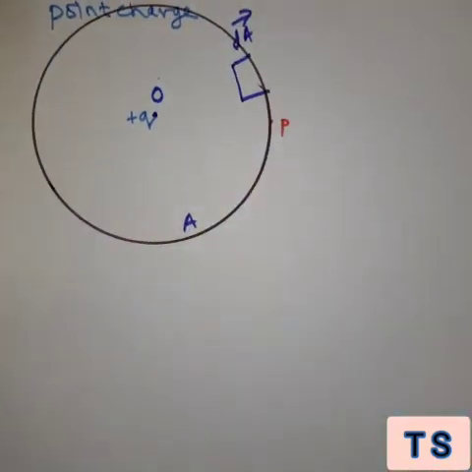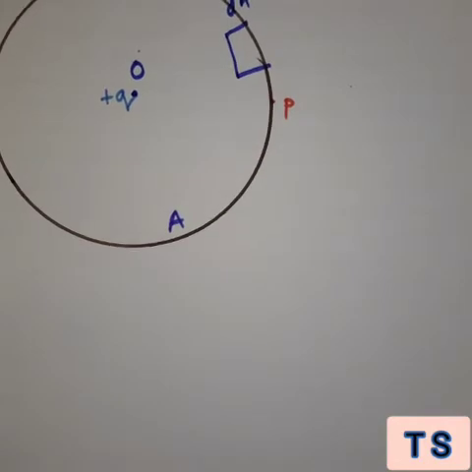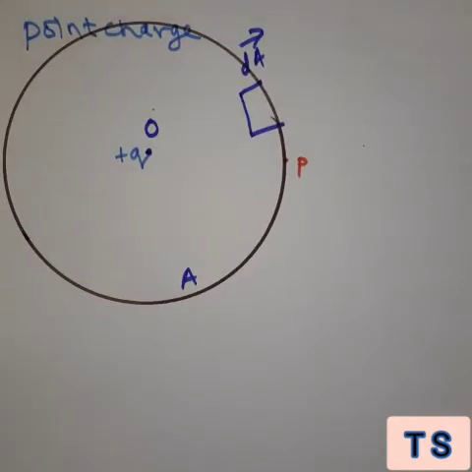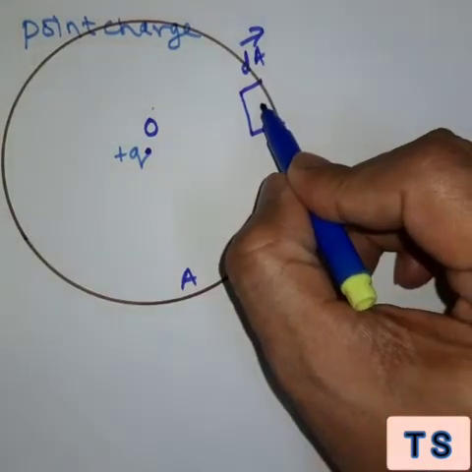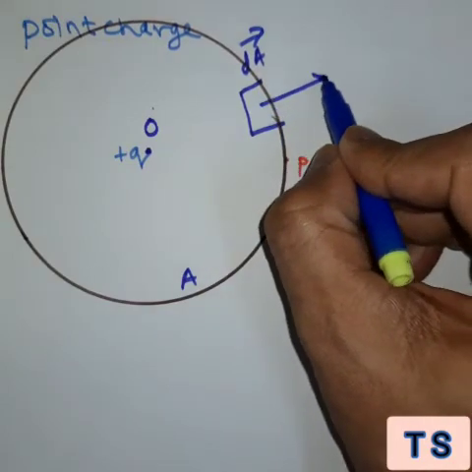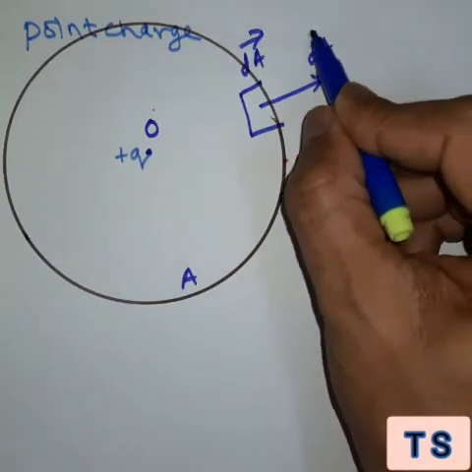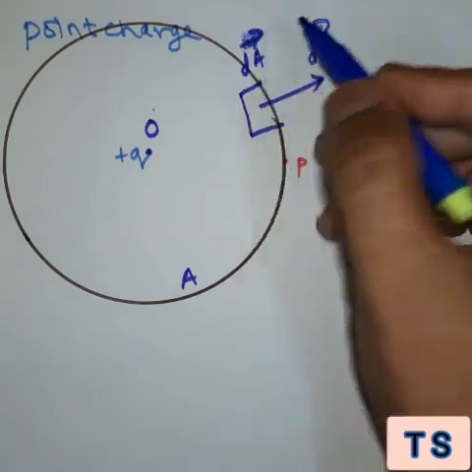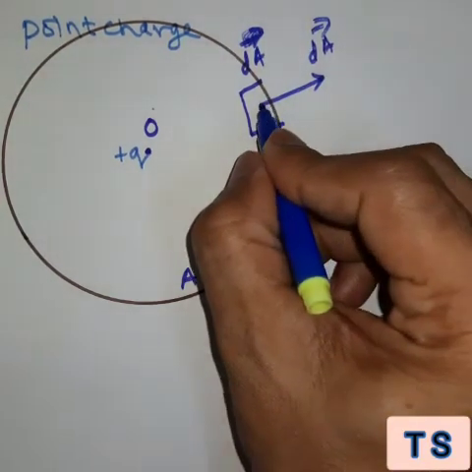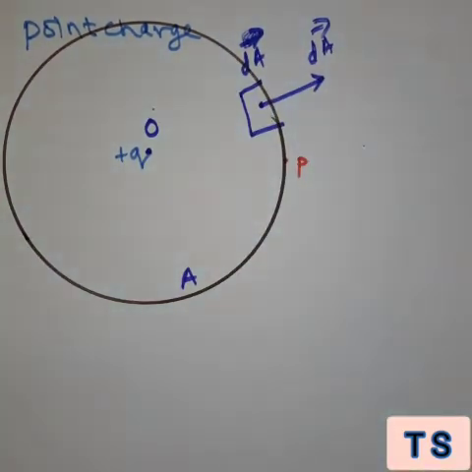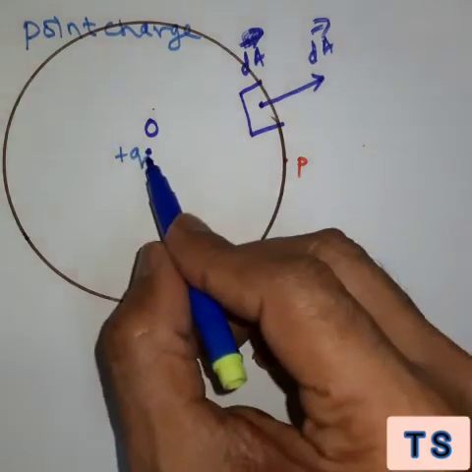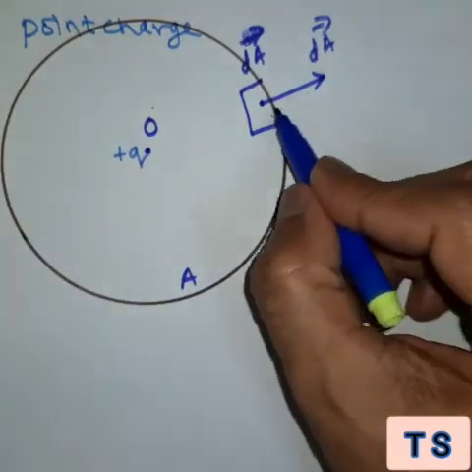Now in this particular small area dA, this is my dA bar. So this is area dA, and this is dA bar, which is normal to the surface. And this plus Q charge will be giving a field also in the outward direction.